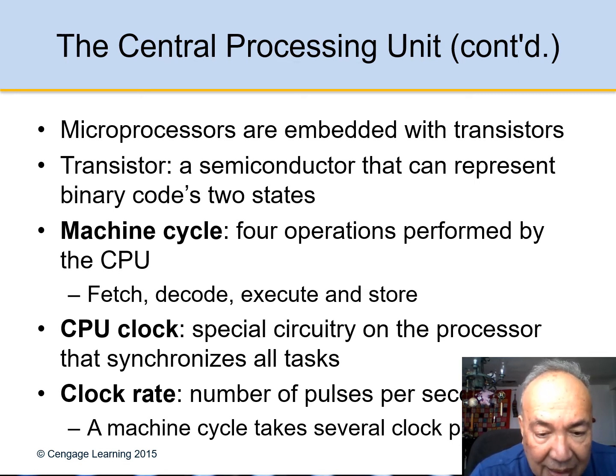The CPU clock is special circuitry on the processor that synchronizes all the tasks, so that everything works together. The clock rate is the number of pulses per second, and a machine cycle takes several clock pulses.